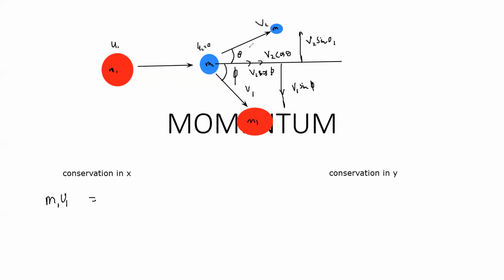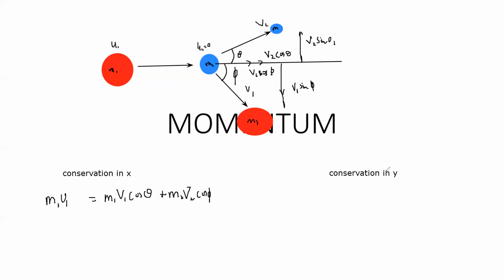Object 1 and object 2 have horizontal and vertical components. So m1 u1 is equal to m1 v1 cos theta plus m2 v2 cos phi, because these are the components in the x direction.